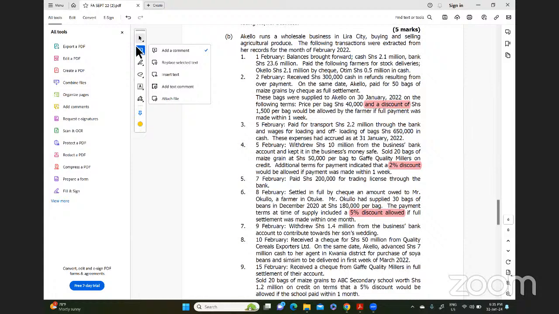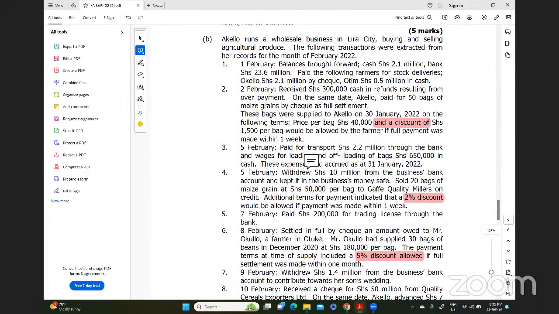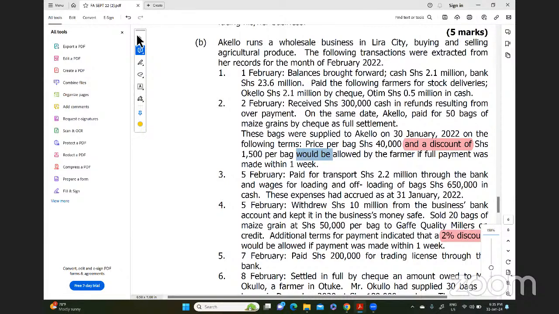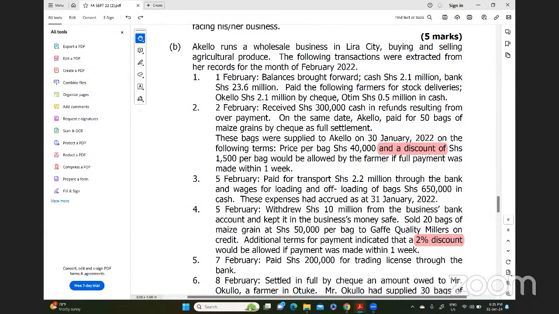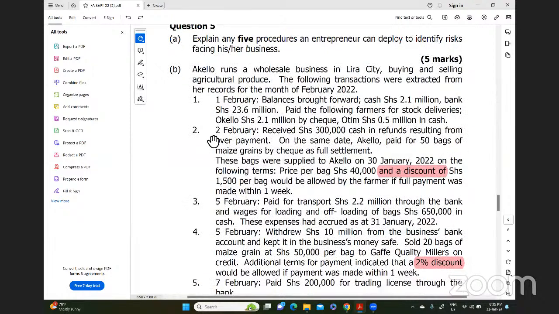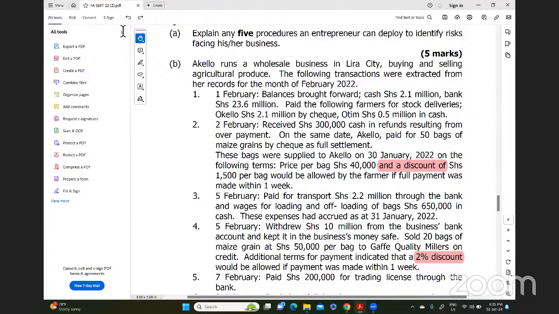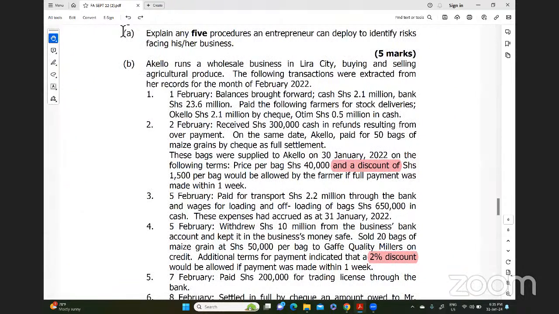So the first one is... I think that is okay in terms of visibility.